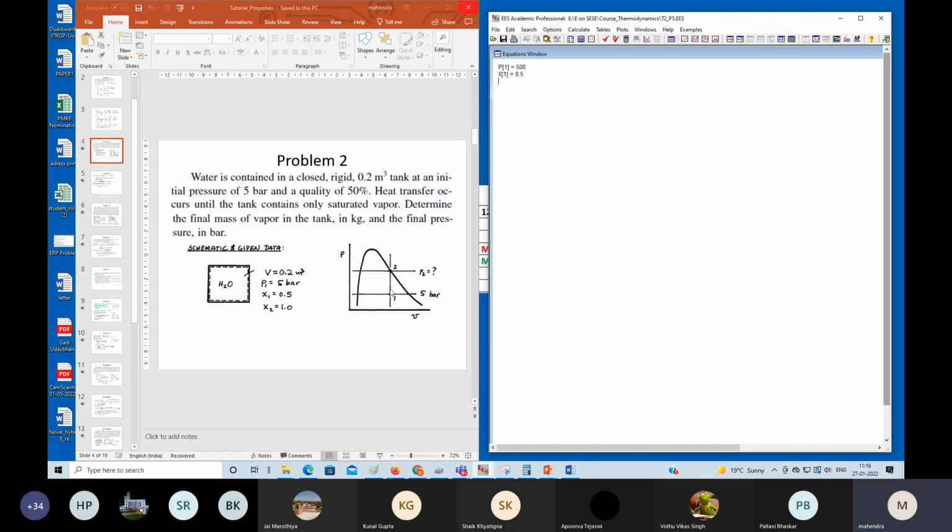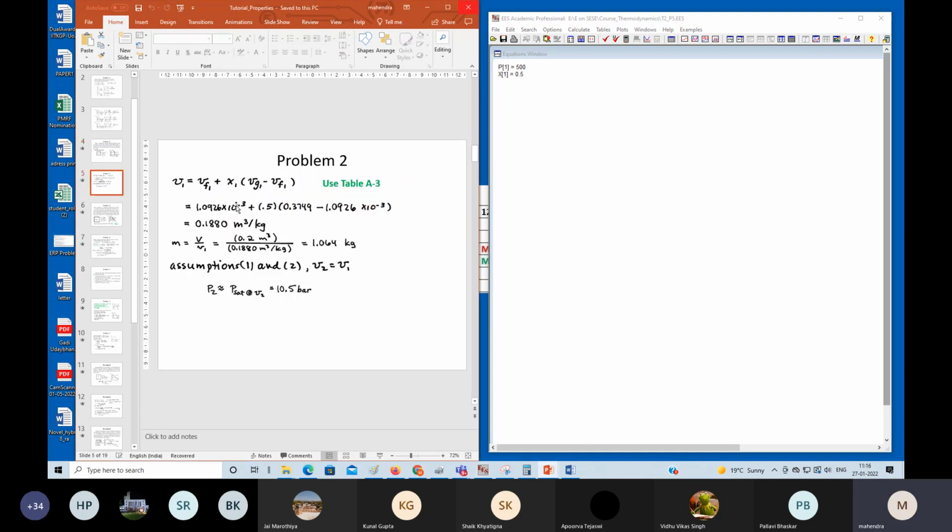Then here you can find out the specific volume at state 1. Once you find the specific volume, this point has the same specific volume, that is, specific volume V1 equal to specific volume V2. This is the problem we solved. From that, we calculated the mass.